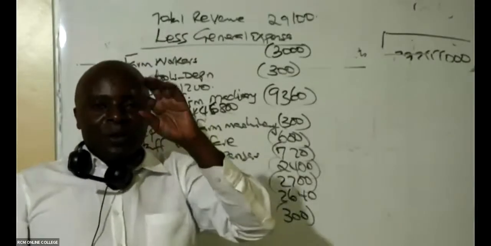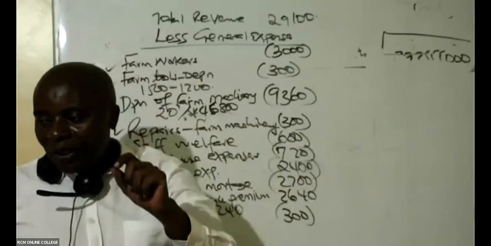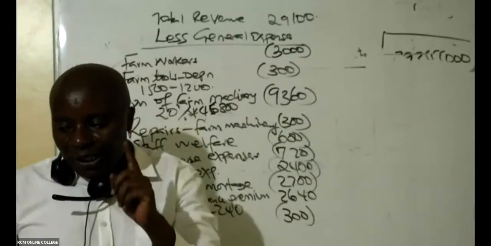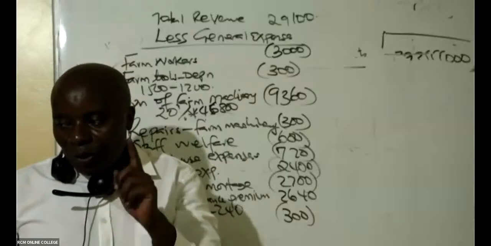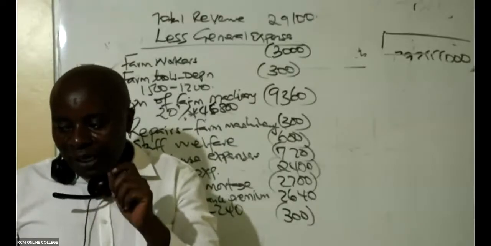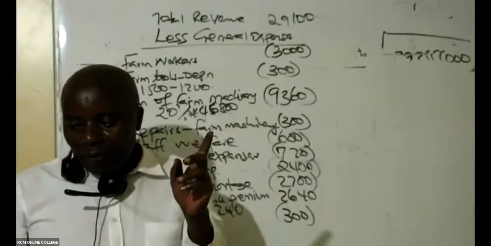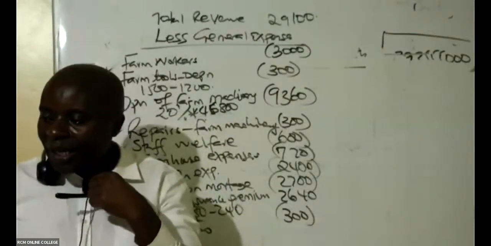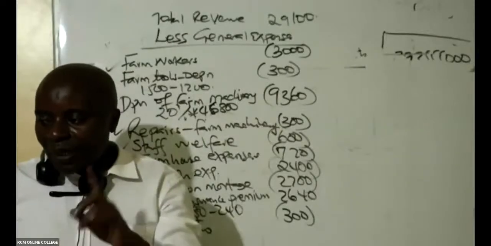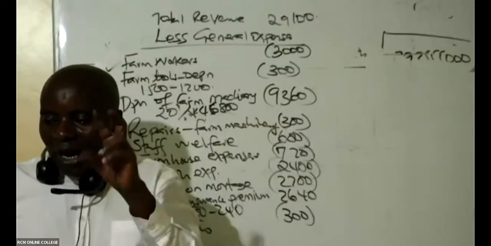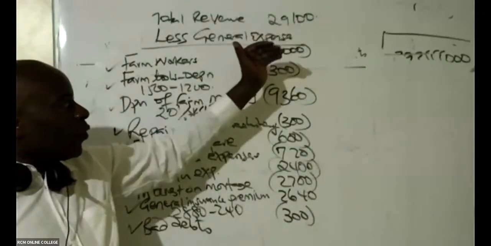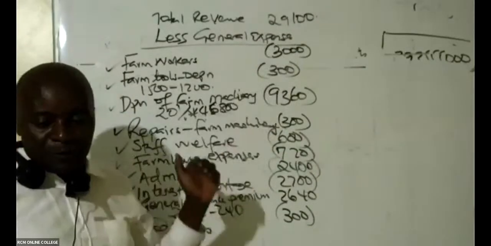If I remember very well, crops gave us 2,610 and livestock gave us 26,490, from the revenue accounts. I hope some of you are with us from the very beginning. When you add the two, you get 29,100. I already did this for the purpose of saving space.